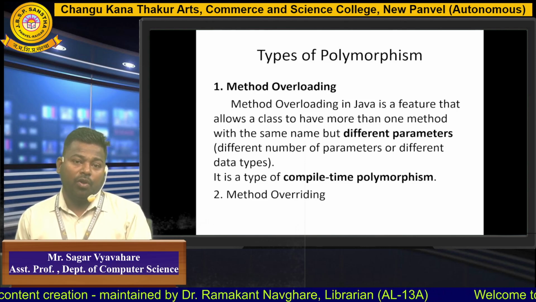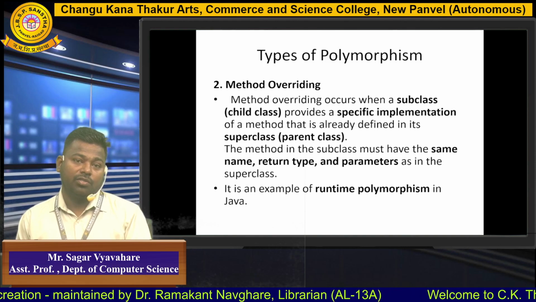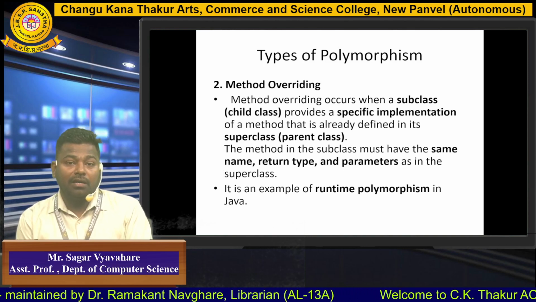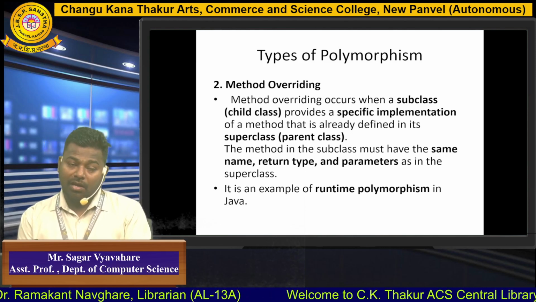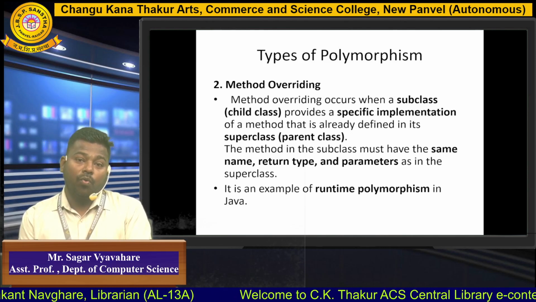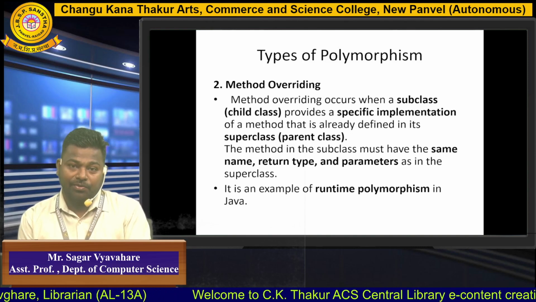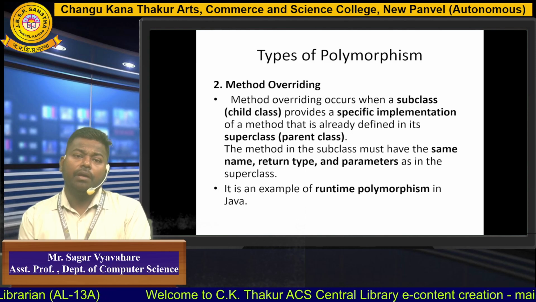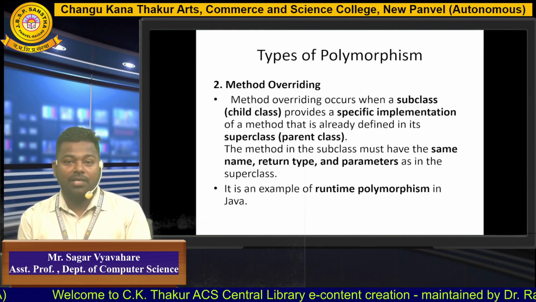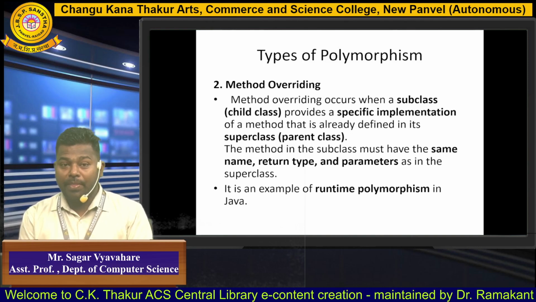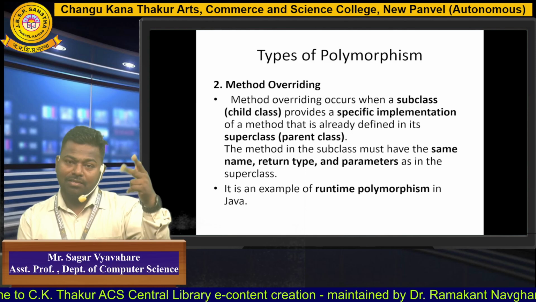The second type of polymorphism is method overriding. So what is method overriding? Method overriding occurs when a subclass, also known as a child class, provides a specific implementation of a method that is already defined in its superclass or parent class. Meaning what? We have two classes.